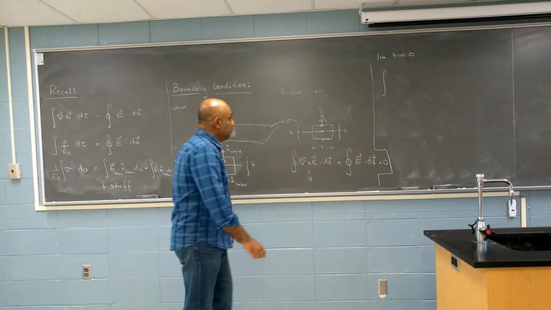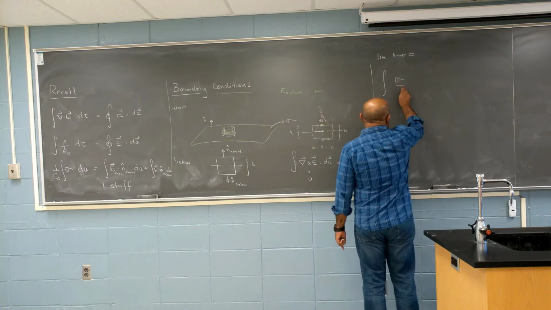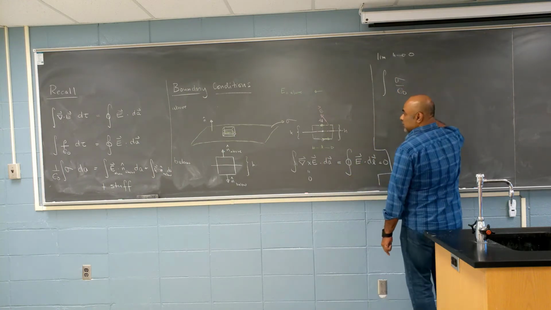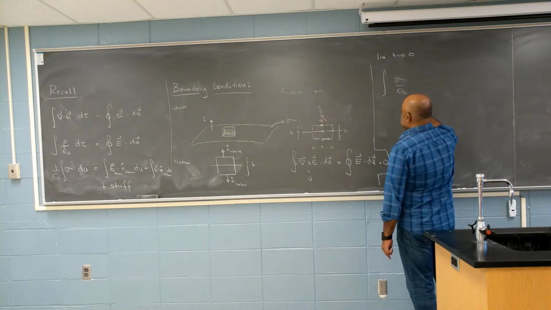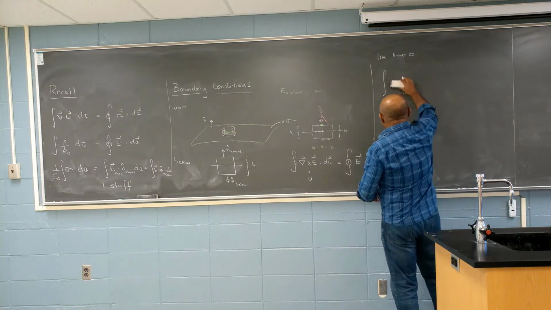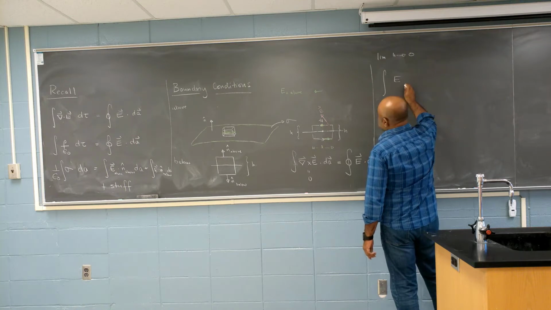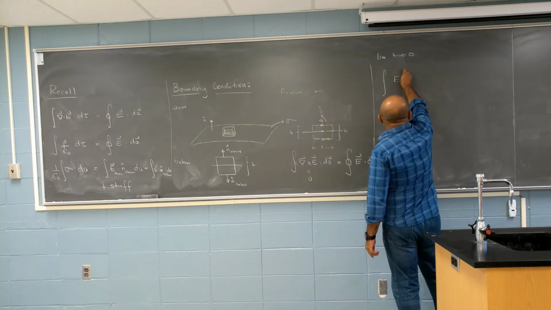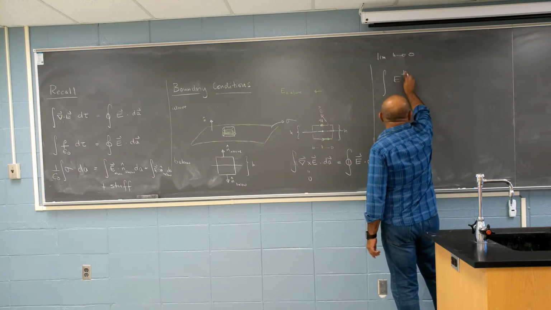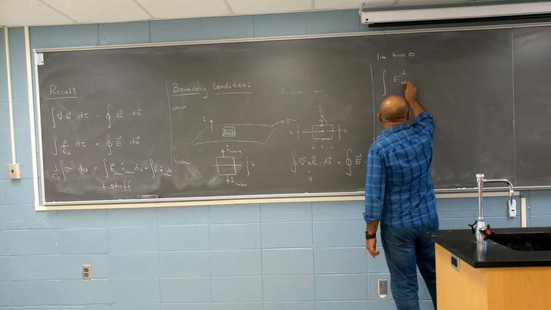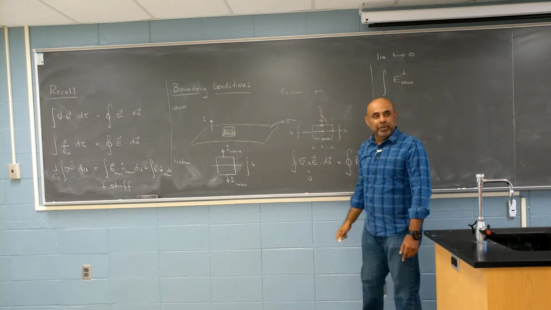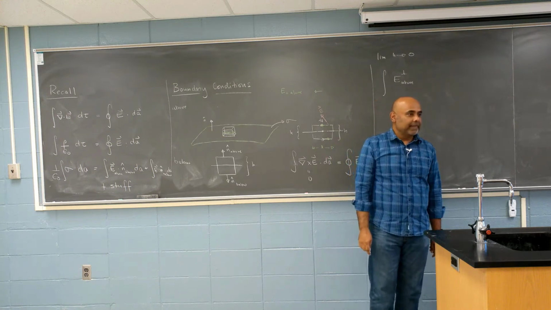I'm going to collect sigma over epsilon naught, or let me bring that to the other side, just traditionally how it's written. E perpendicular, that's the notation, above. What does E perpendicular above mean?